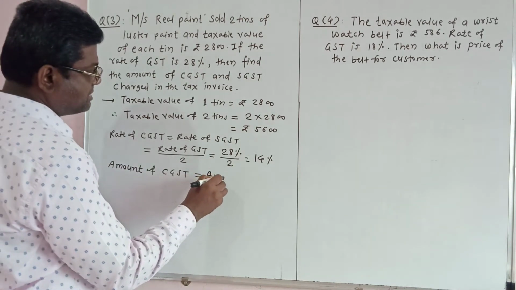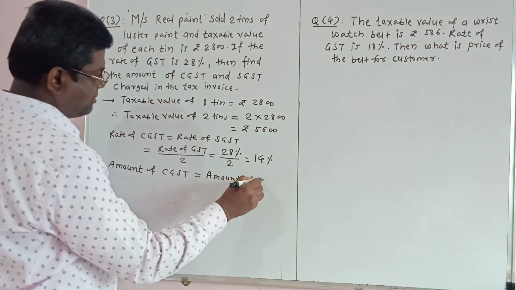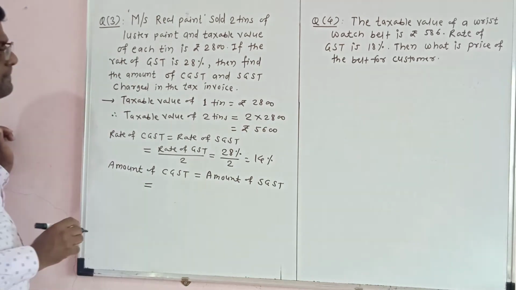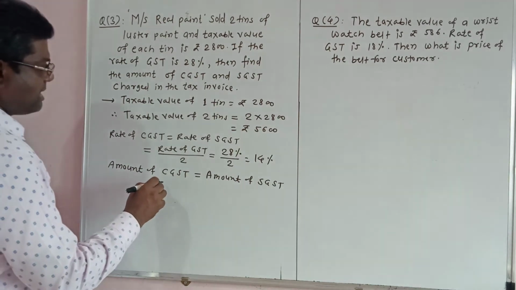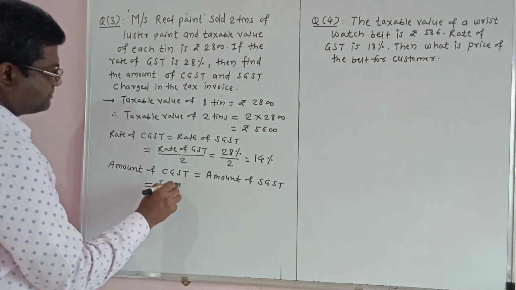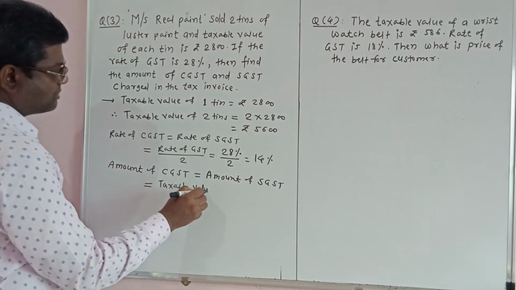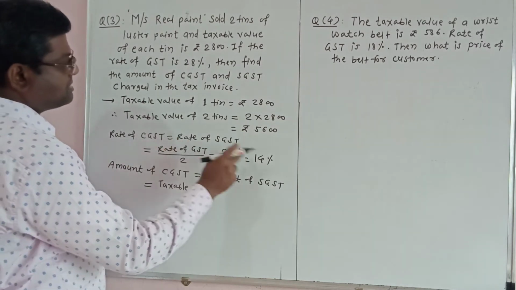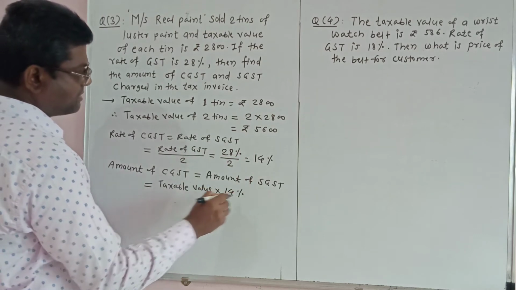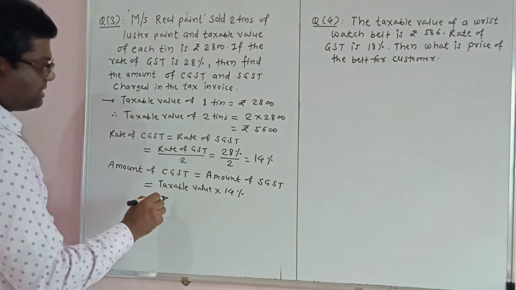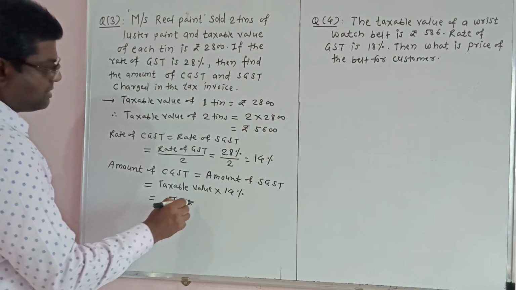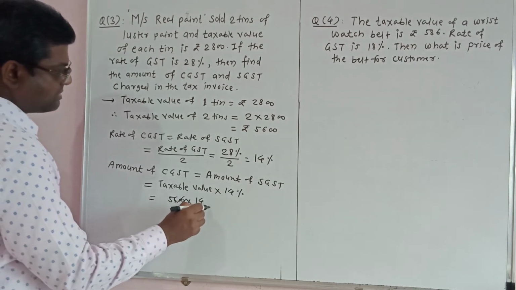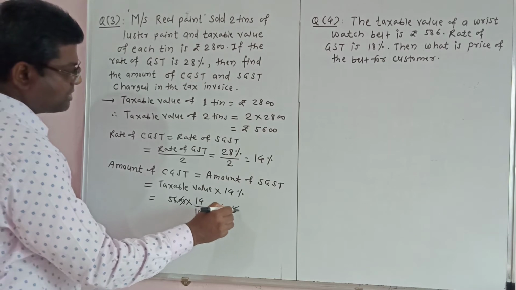Amount of CGST is equal to amount of SGST is equal to, now taxable value into rate of CGST is 14% is equal to taxable value is 5,600 into 14% means 14 upon 100. 0 0 will cancel, is equal to 56 into 14.